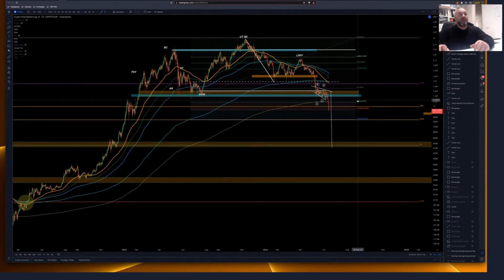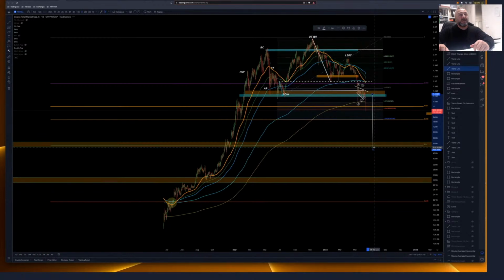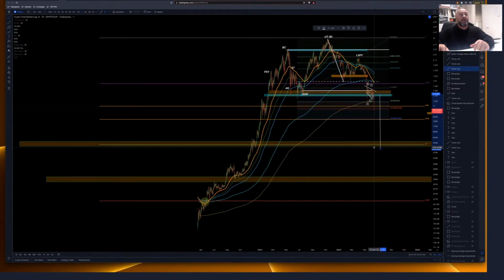So if you look at that, you get this measured move. If this is a neckline, and we apply it, give or take, close to the 0.5 Fibonacci, it's not responding, waiting.